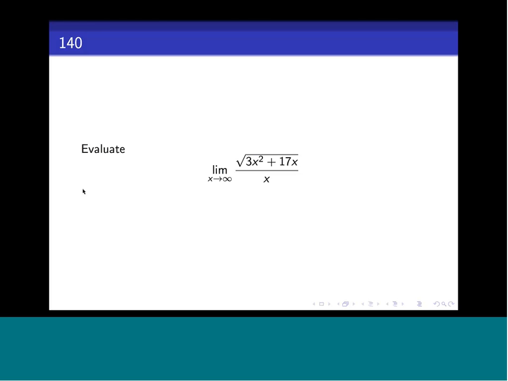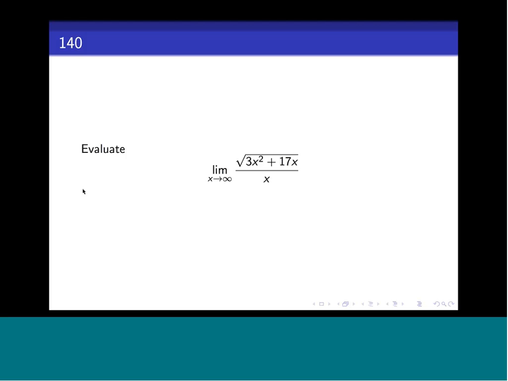Say it again. One more time. 3 over square root 3. Why do you need to go over there? You're saying 3 over square root 3? That's square root 3, right?